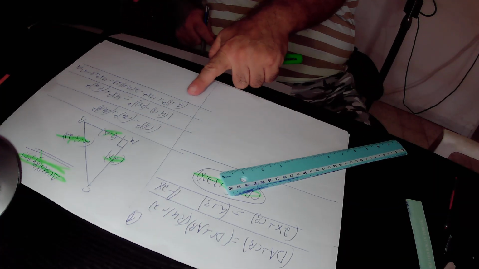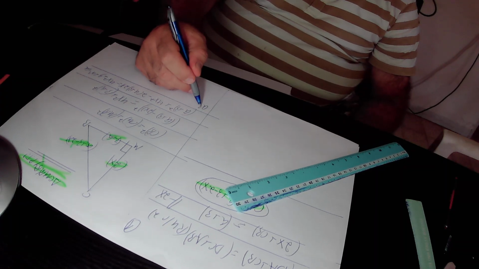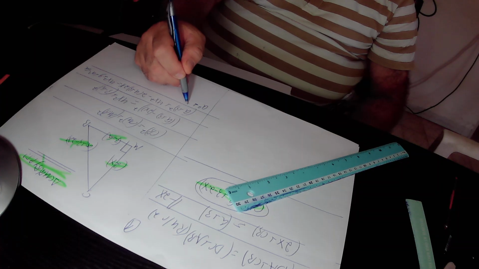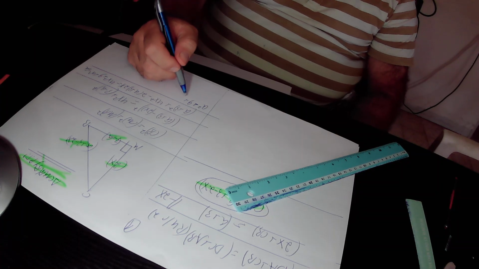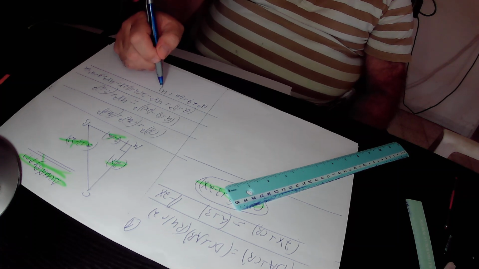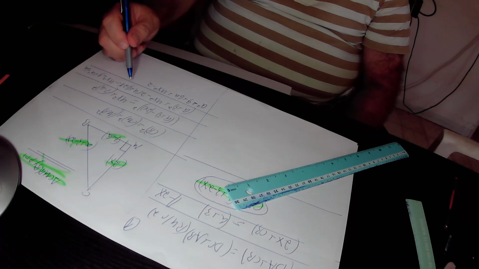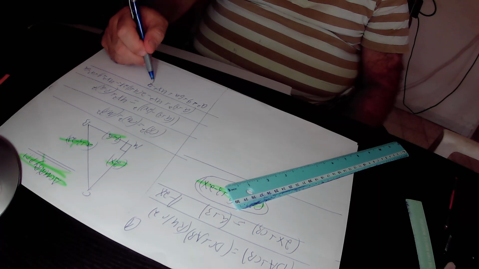We'll open the brackets of this expression. (a plus 3) squared equals a squared plus 3 squared, that is 9, plus 2 times a times 3, that is 6a, plus 4x squared minus 2 times a times 2x, that is minus 4x.